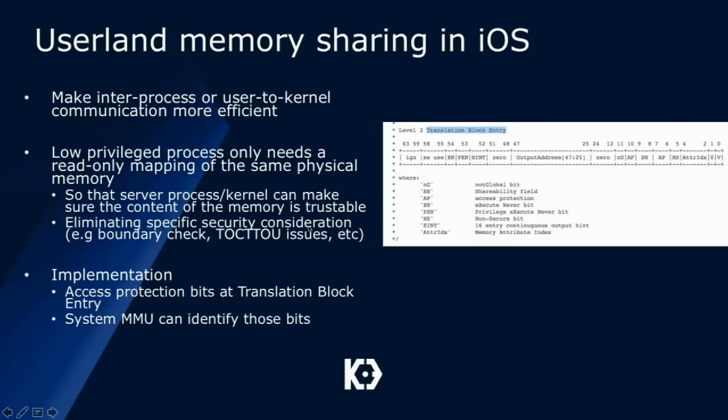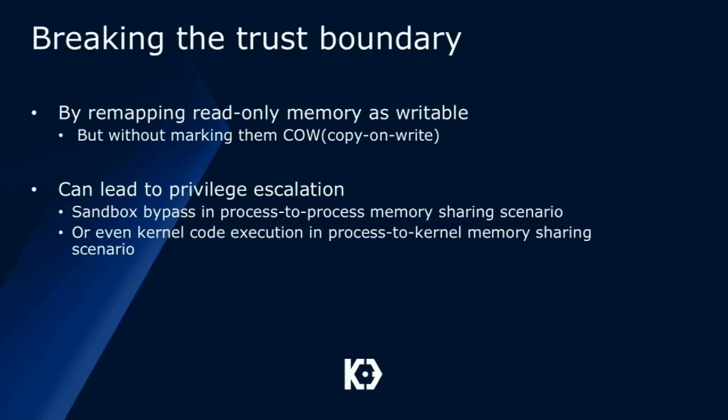In the TTE entry, it introduces the access protection bit, where you can find the specification document on the right side. I will not look into it in detail. When a way is found to make the mapping writable, the whole trust boundary of the memory will be broken.